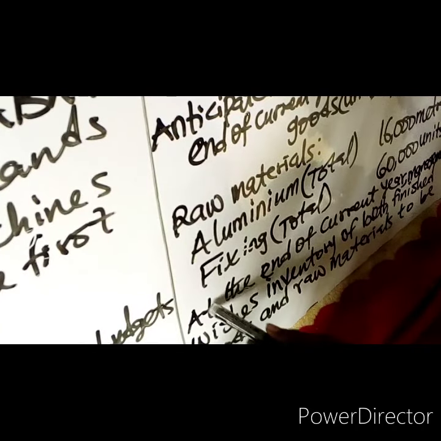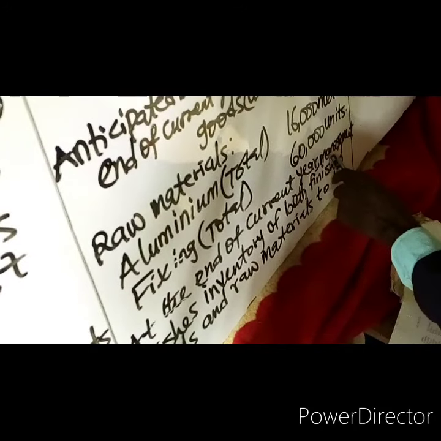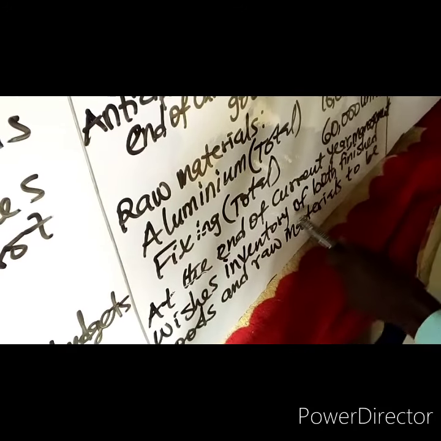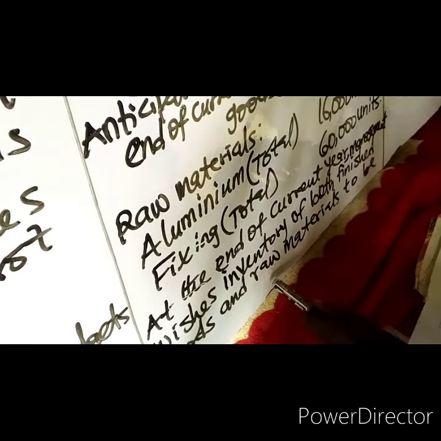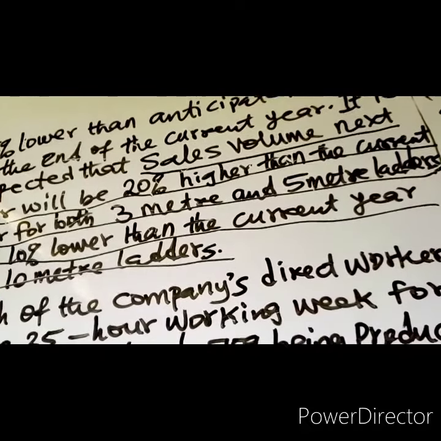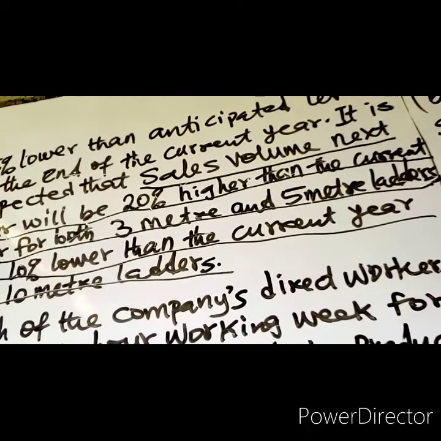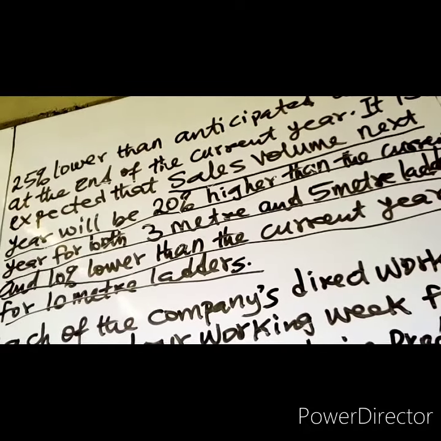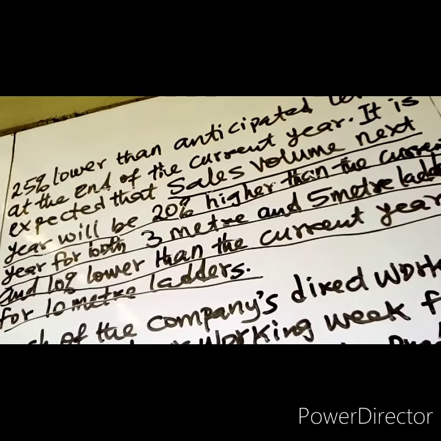Then you were told that at the end of the current year, management wishes inventory of both finished goods and raw materials to be 25% lower than anticipated levels.